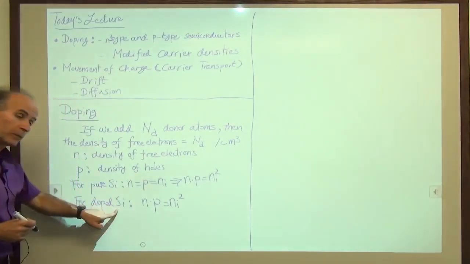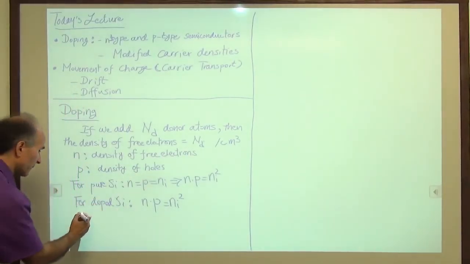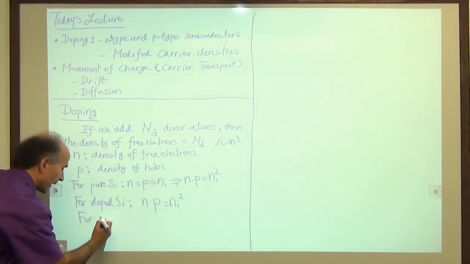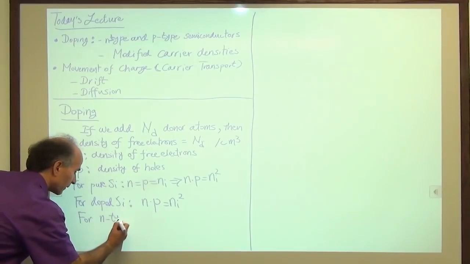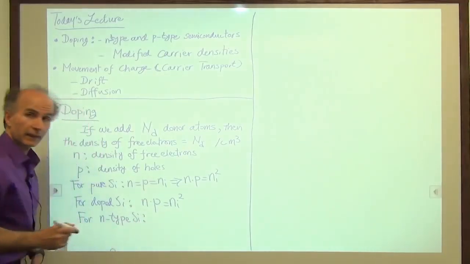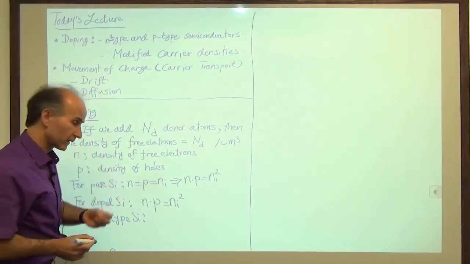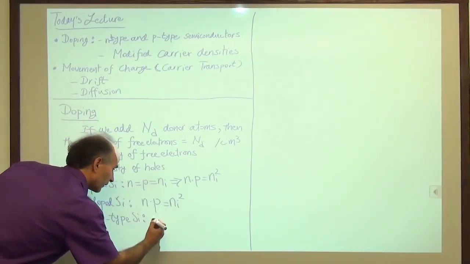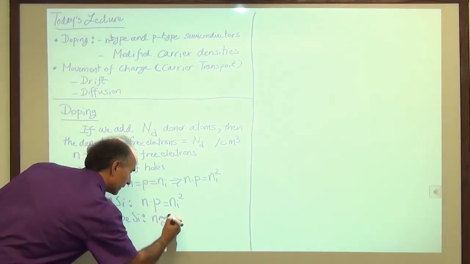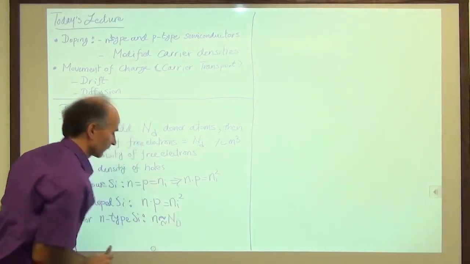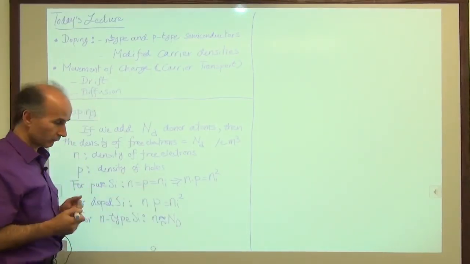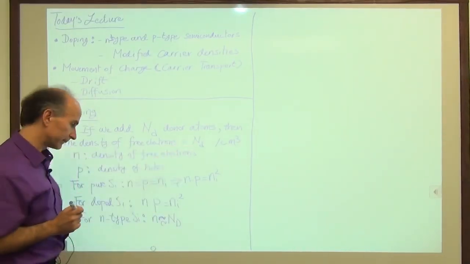So for doped silicon, and more specifically for N-type silicon, silicon that is doped with a donor, we observe that N is approximately equal to Nd. The number of free electrons is approximately equal to the number of phosphorus atoms that we added. So far so good, as we said before.